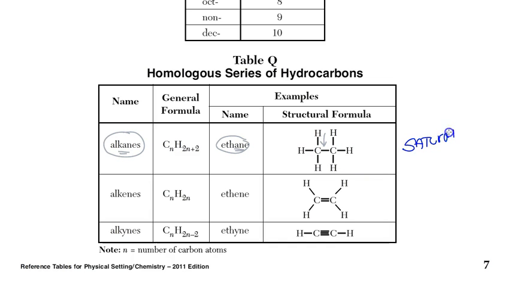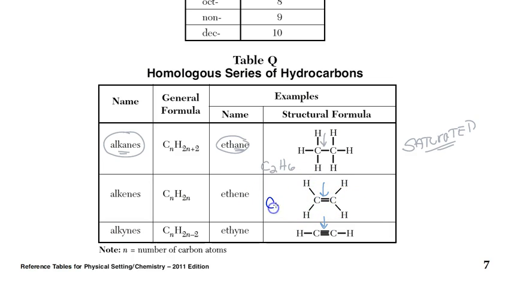You're going to see this on your test, even in a multiple choice question or in a part 2. And why is it saturated? It has the max number of H's. Look at this. This is C2H6. Now, if you've got double bonds or triple bonds, because carbon can only make 4 bonds because it has 4 valence electrons, if you're going to have multiple bonds between the carbons, then there are going to be fewer bonds for the H's.